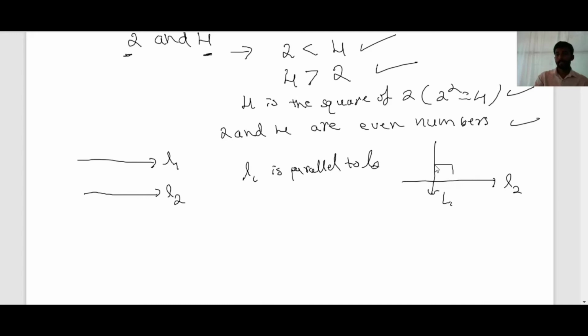Here you can see clearly 90 degrees. When 90 degrees comes, two lines are perpendicular to each other. So here the relation is L1 is perpendicular to L2. These are some examples for relations in mathematics. In this chapter we are studying the types of relations and solving problems related to relations.